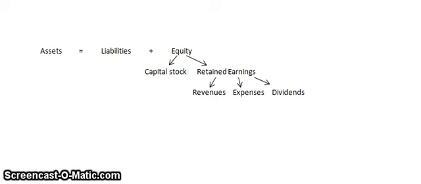Now eventually, revenues and expenses and dividends all get put into retained earnings. Think about what we know about them. Okay? If you have net income, which one of these is larger? Revenues or expenses? Should be revenues. So that net income increases retained earnings. What if you had a net loss? What would that do to your retained earnings balance?